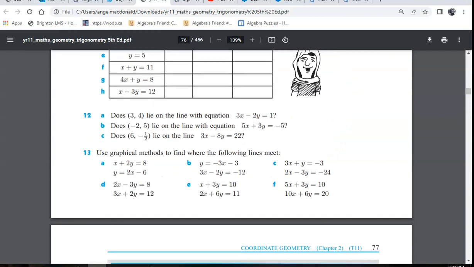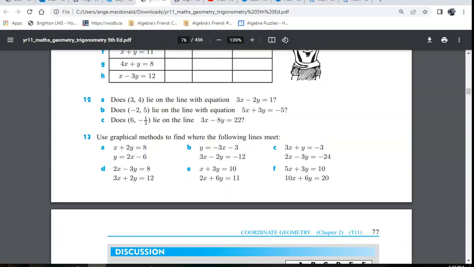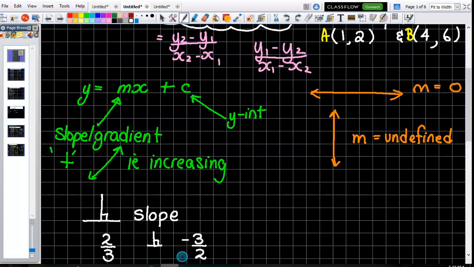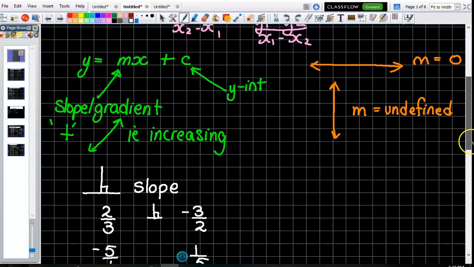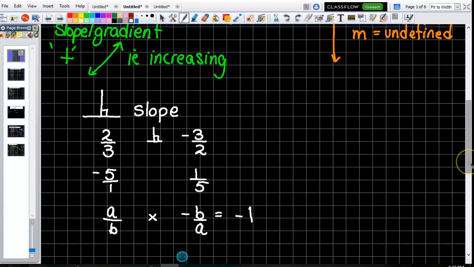What you want to be able to do is what happens if you have a point and, or you know, it passes through 2 points. This is the bit that we have to remember to find the equation of a line. We need 2 things.